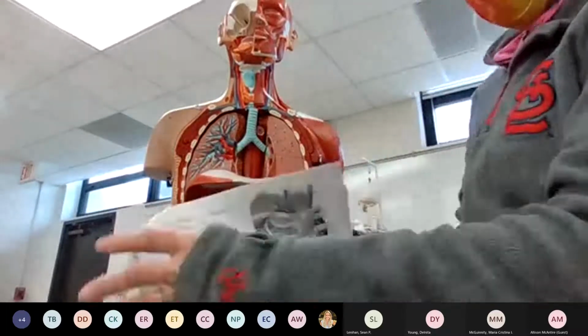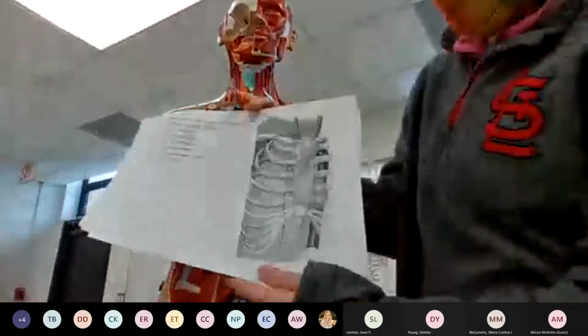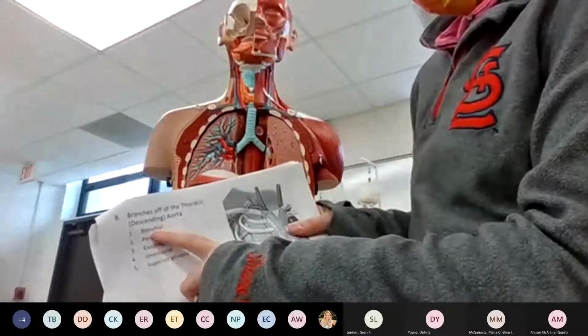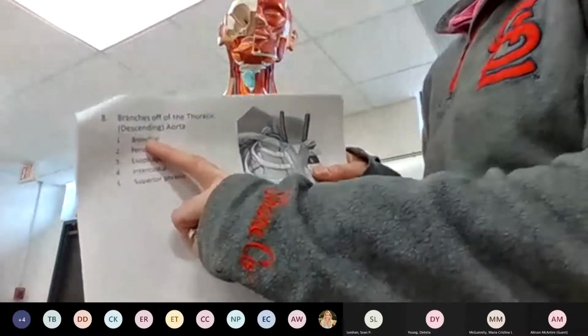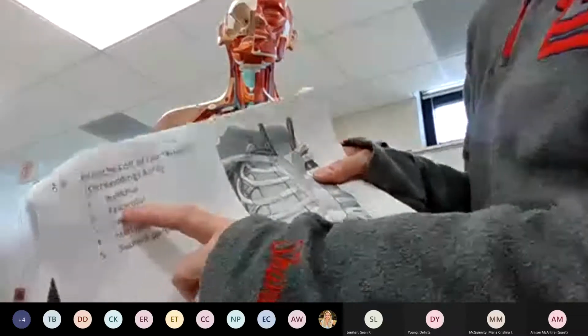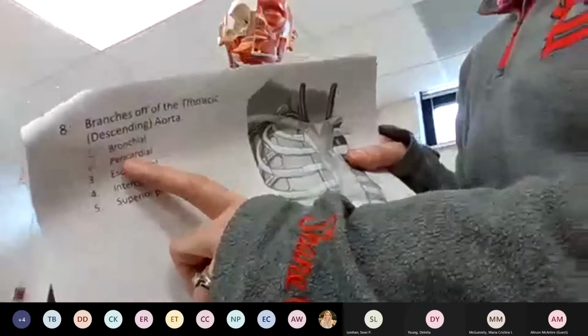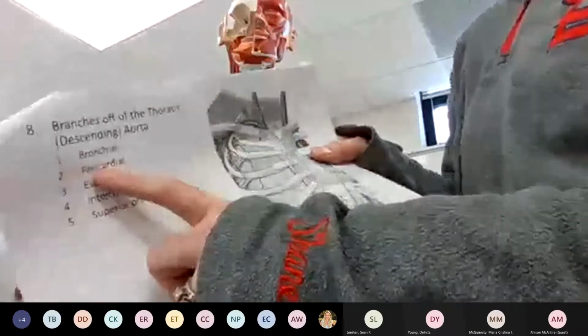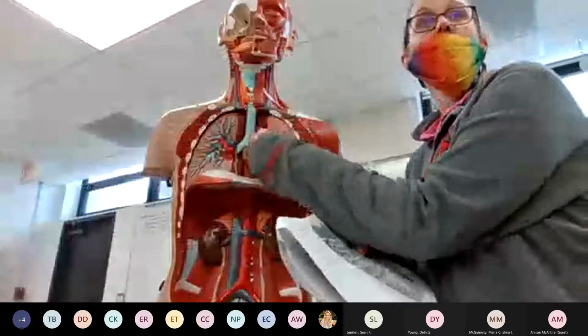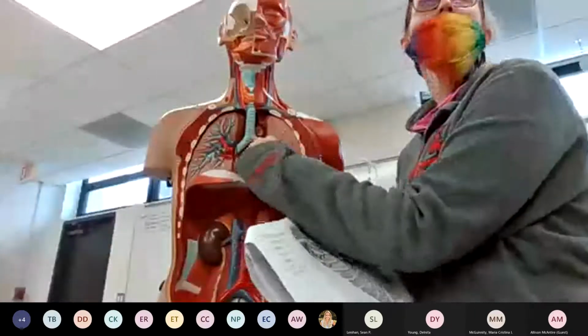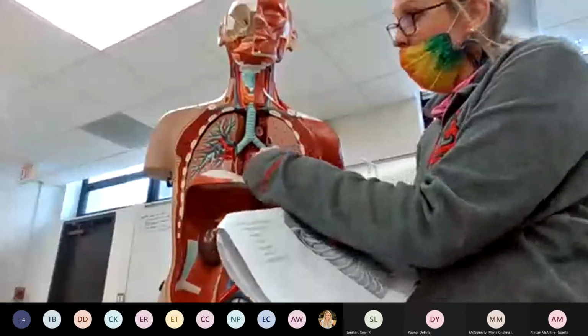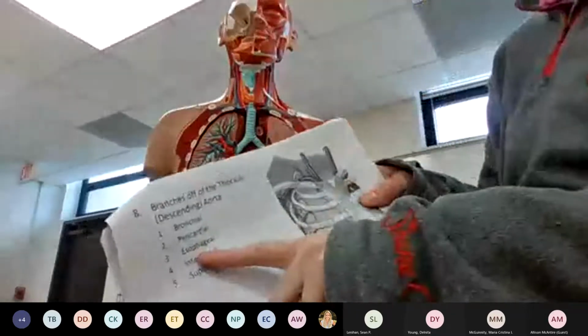Okay, now you'll have to do the picture because our model doesn't quite show it for things that come off the aorta in the thoracic area. All right, and they kind of get their names again. The one that's going to some of the major bronchi is going to be called the bronchial artery. The one that's going to go to the pericardial sac and feed the connective tissue and the mesothelium, that's your pericardial artery. The one that has to go and feed Mr. Esophagus, which is running with the trachea, then with the aorta, all right, that is going to be the esophageal vessel.